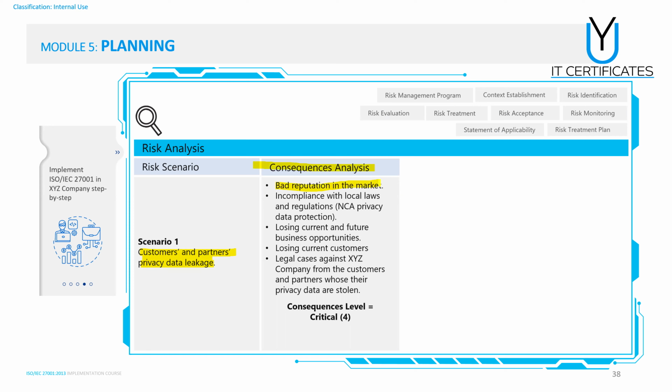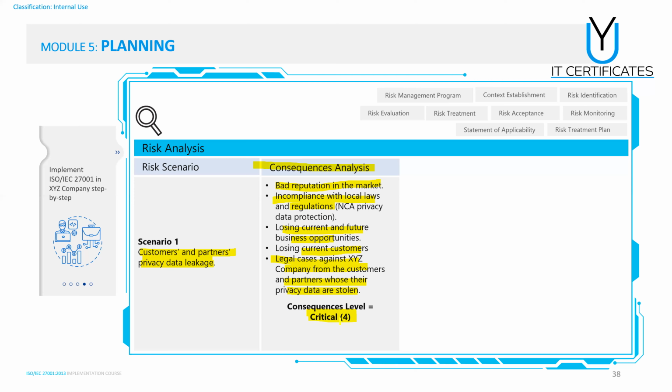Bad reputation in the market, non-compliance with local laws and regulations, losing current and future business opportunities, losing current customers, legal cases against XYZ company from the customers and partners whose privacy data are stolen. And the consequence level will be the maximum. It will be critical. It will be number 4.